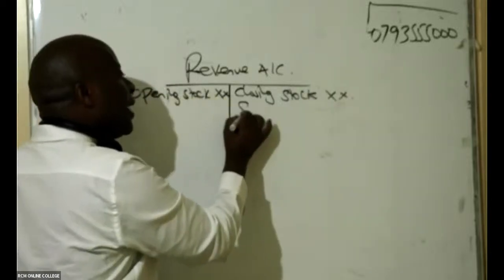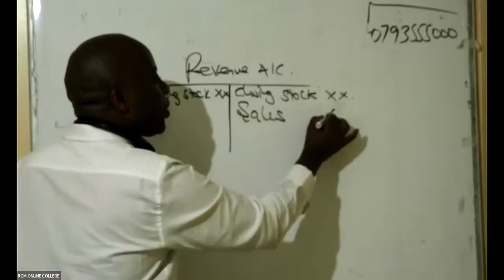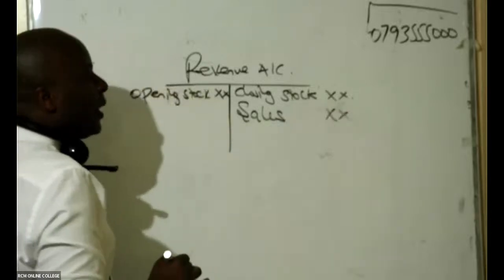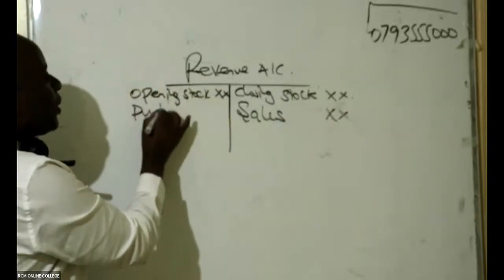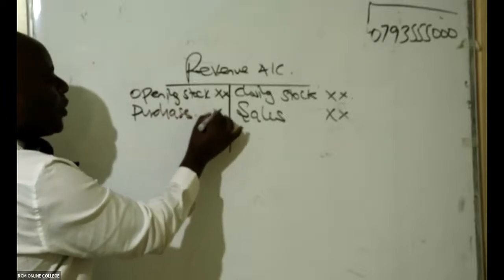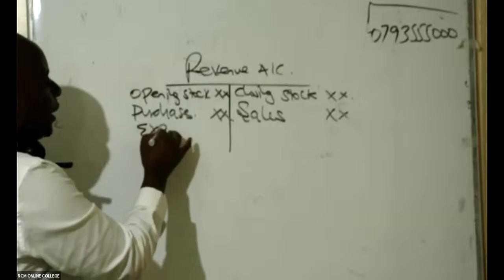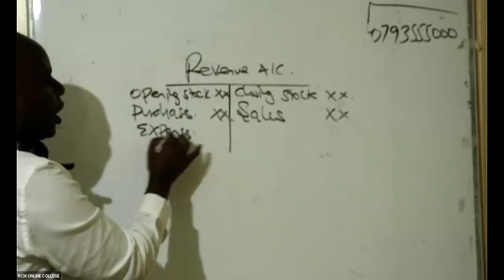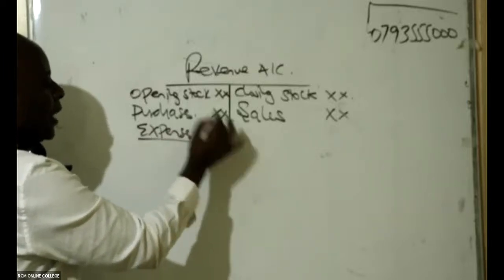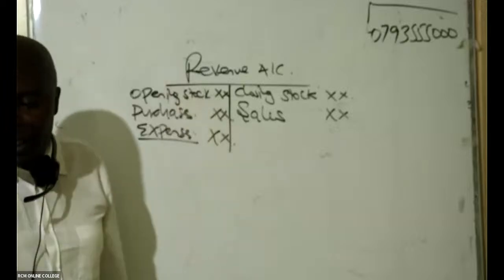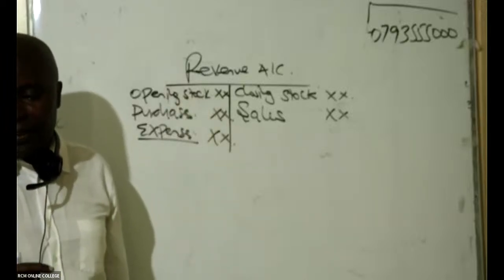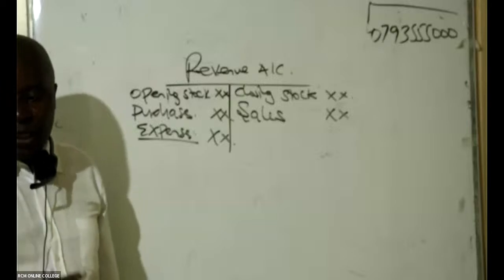If we sell anything, we are going to have sales on this side. If we purchase, we are going to have purchases on this side, and then we have our expenses. All our expenses shall be debited like this. Now, please listen.